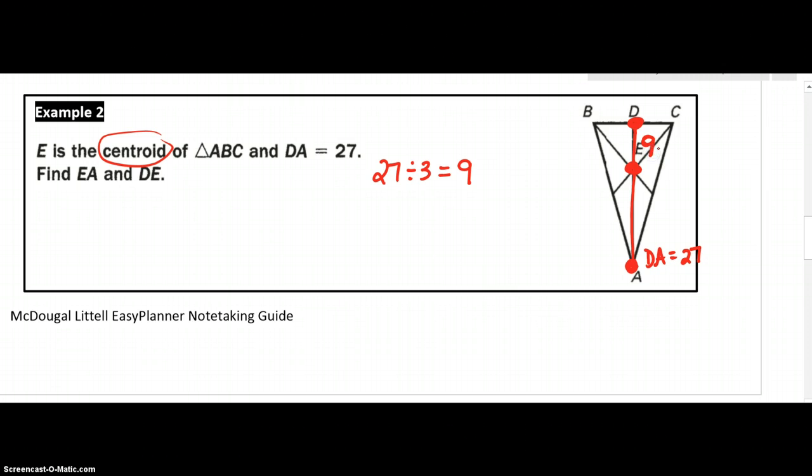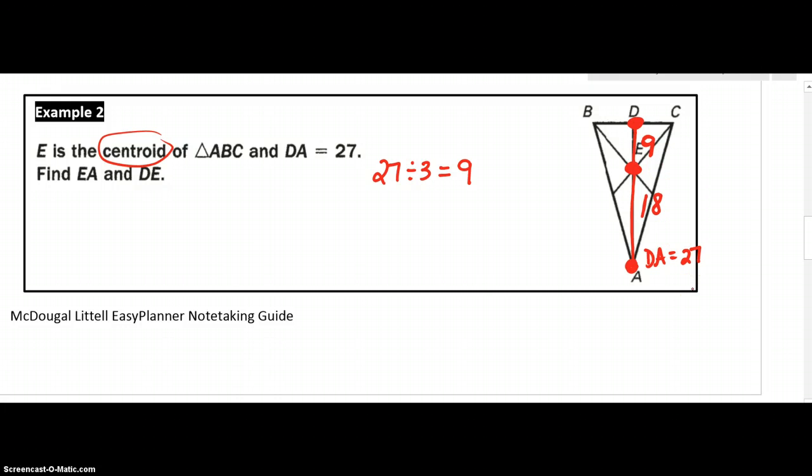The longer piece of the median is 2/3. So instead of 9, it is going to be 18. Because remember, 9, 9, 9 will give us the 27. So if we have 9 for the short, the long one has to be double it, because instead of 1/3, it's 2/3. You can verify that 9 plus 18 is 27.